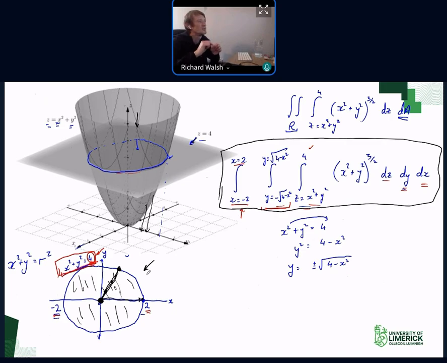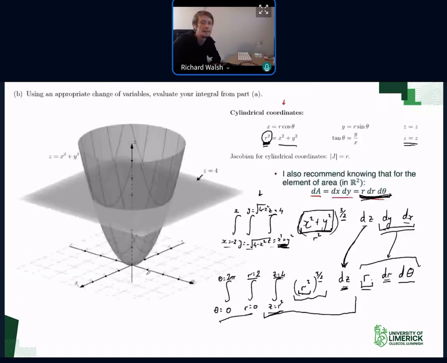Distance is not going to be negative. r will go between 0 and 2. And theta is the angle around, so a circle from 0 to 2 pi. You can go from 2 pi to 4 pi if you want, or whatever. But they would be our limits for that. Does that help at all?